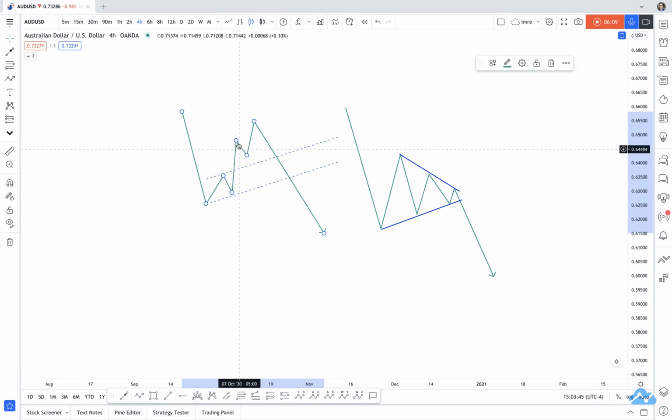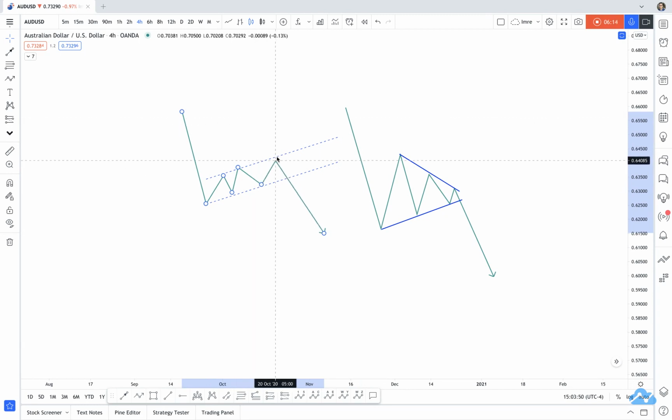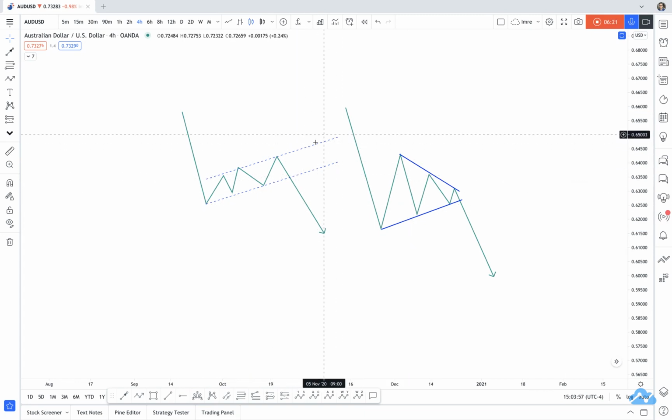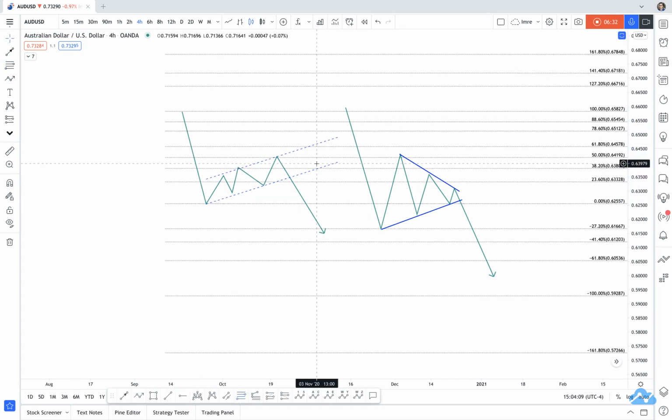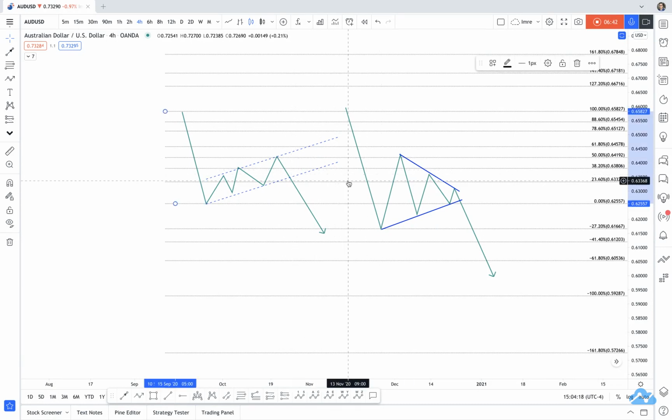The important point here is that even if we're looking at sideways price action and it is contained by parallel lines, my expectation is that gradually over time, this channel will effectively result in a net retracement of at least 38.2% of this impulsive wave. So that is a key characteristic of corrective price action, contained by parallel lines or by converging trend lines. You can see here, obviously, this is an idealized example, and we're looking at a 50% retracement.